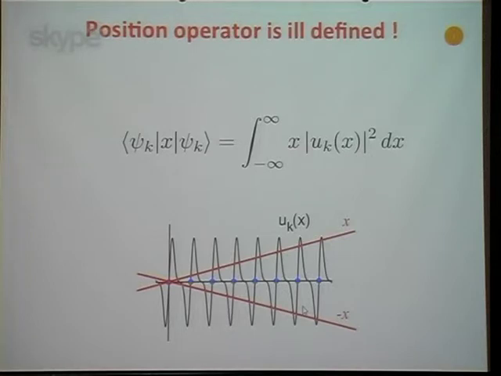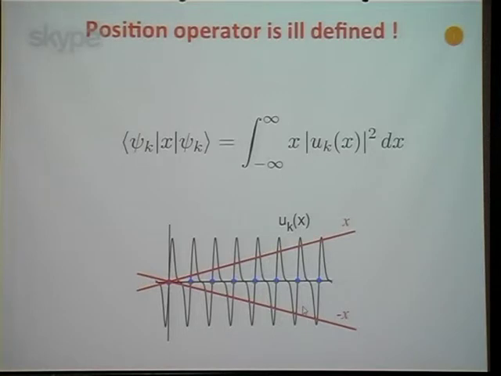In the limit of that integral going between minus infinity and plus infinity, you can get whatever result you want, depending on how you take the limit. So in general, expectation values of the position operator are ill-defined in periodic boundary conditions.